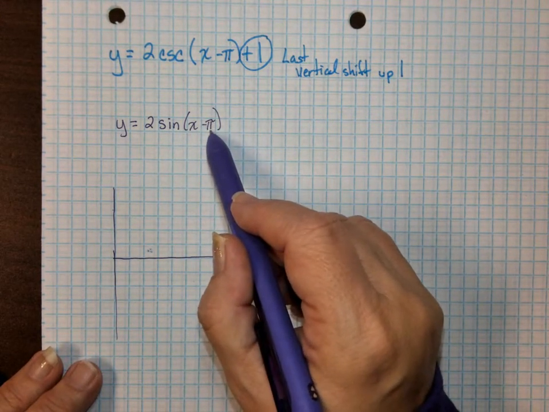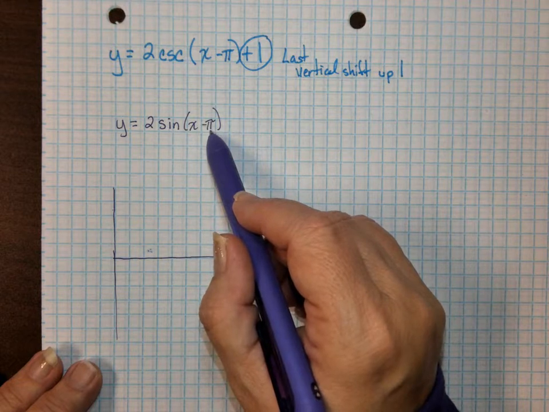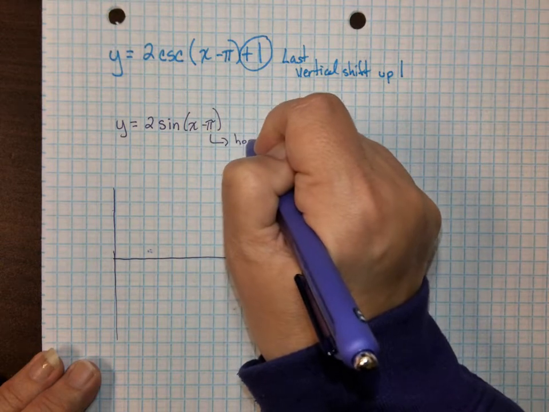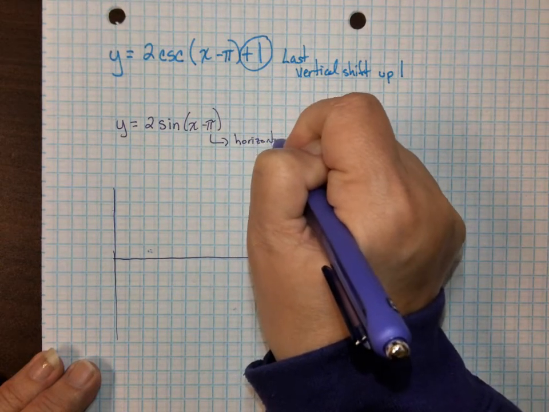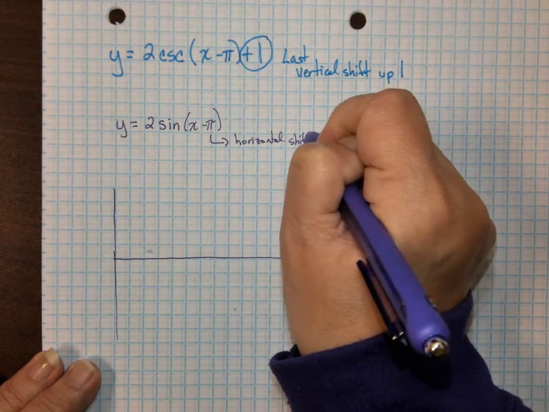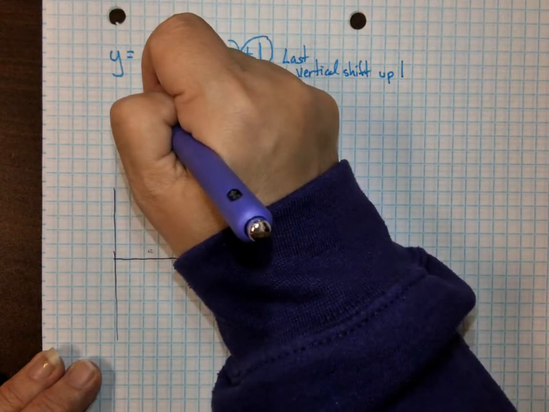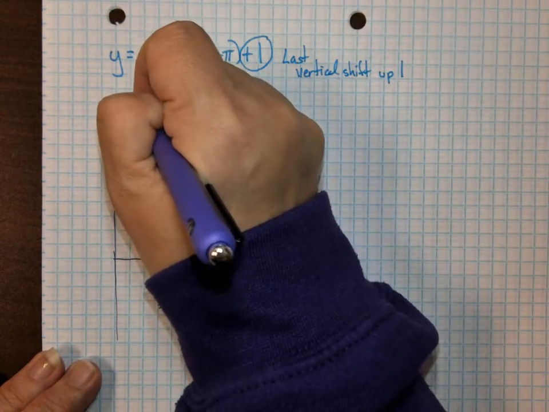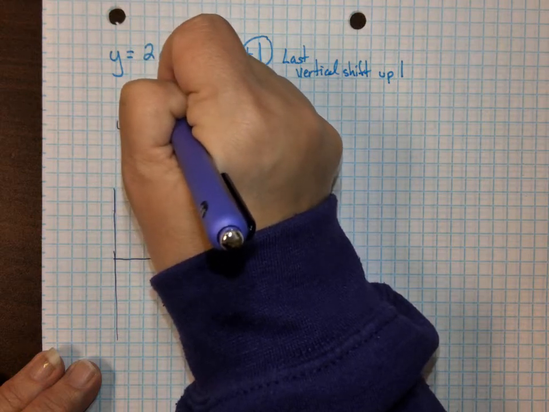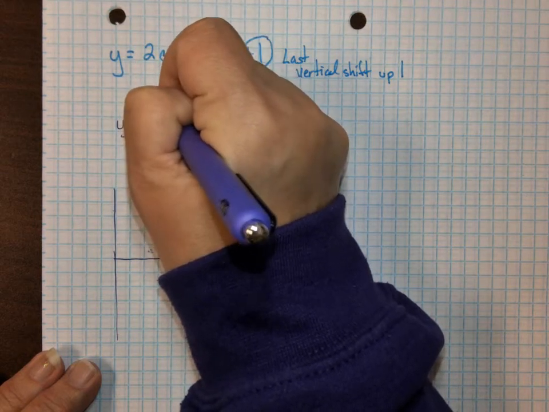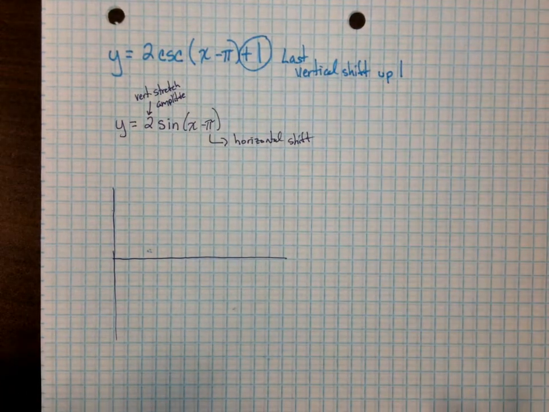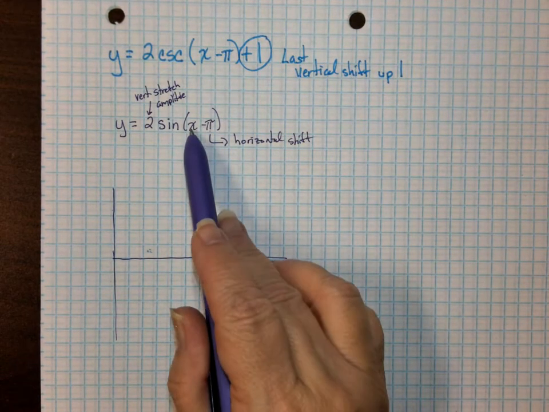So this x minus pi is going to cause a horizontal shift. And this 2 is going to cause a vertical stretch. It's going to change our amplitude. But everything else is going to stay the same.